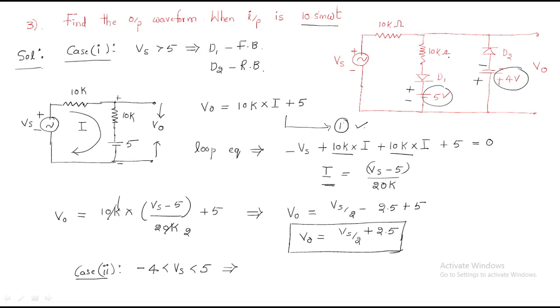If it is less than 5, D2 is off, and if it is more than minus 4, D1 is off. That's why D1 and D2 are both off in this mode, so the output voltage follows the input voltage in this range.